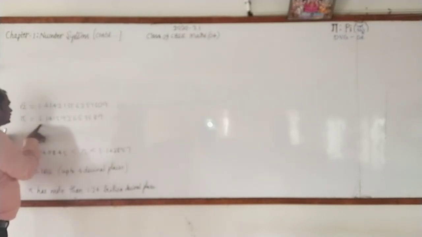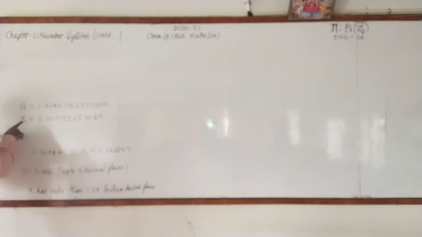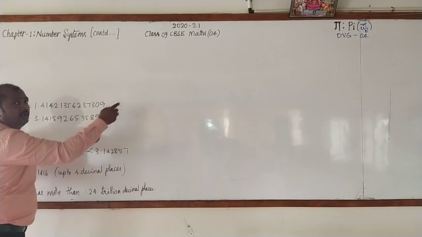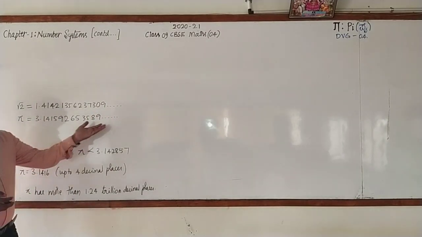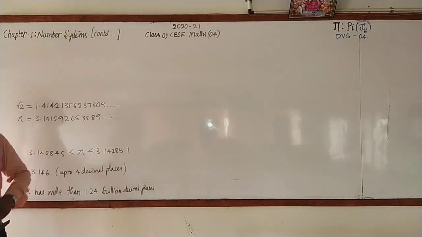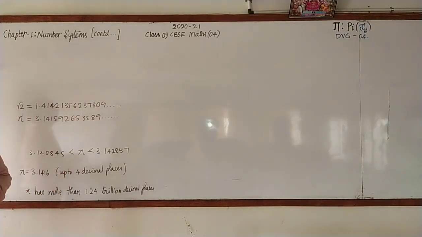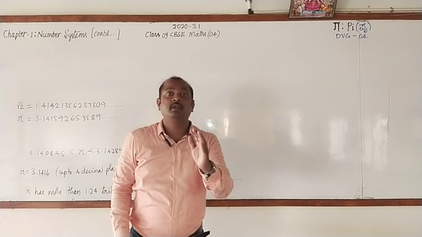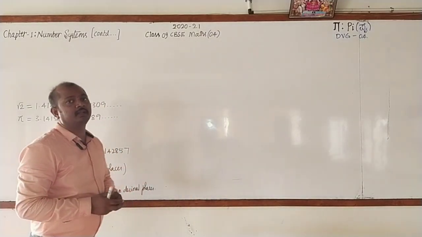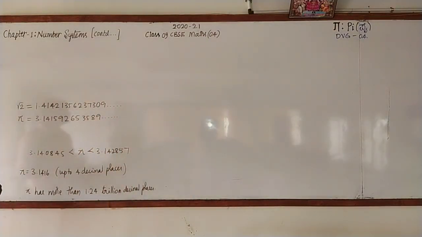Yes. And observe, here we have written the value of pi. It is 3.141592653589 and so on. It is also non-terminating, non-recurring. So such numbers are called irrational numbers. A number whose decimal expansion is non-terminating, non-recurring is called an irrational number.